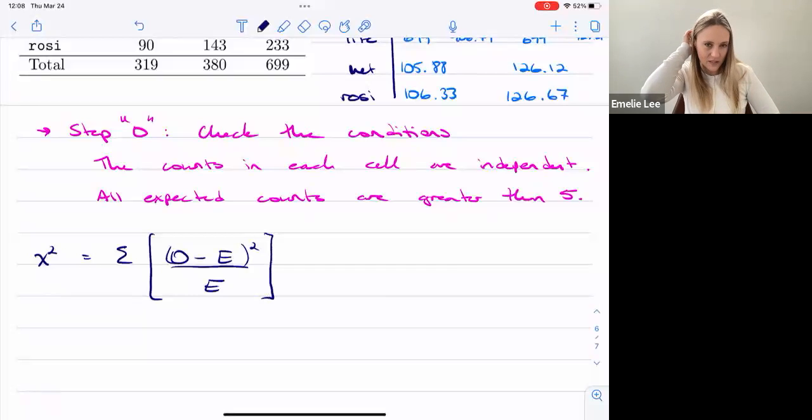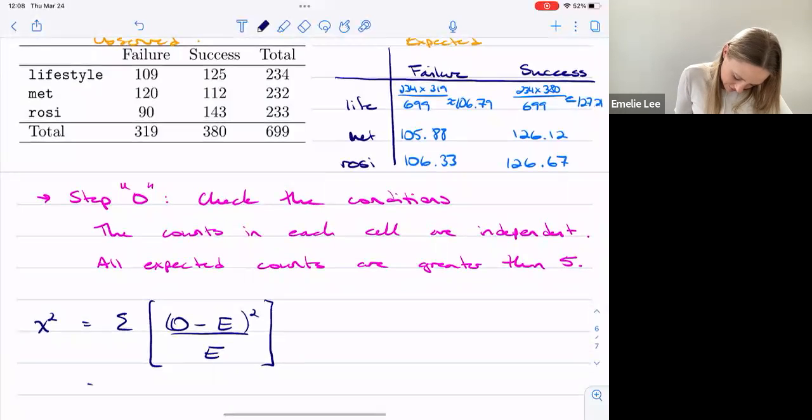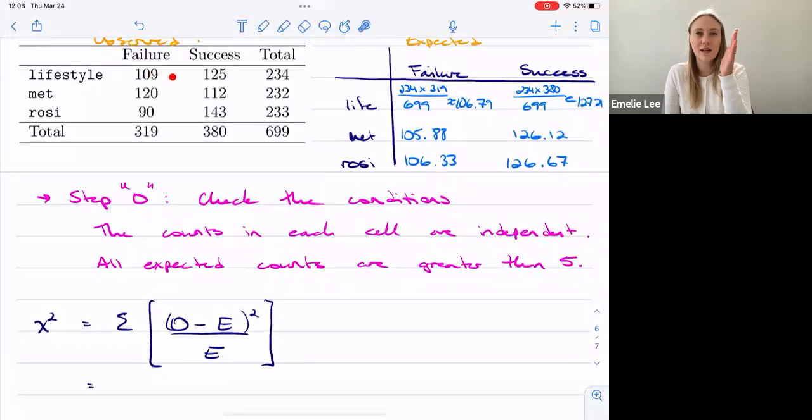I'm going to write these out, but then skip straight to the answer. So I do want to write out these summations, but then we'll go for the gold. It doesn't really matter which way you go, as long as you match each of the cells' observed and expected counts.